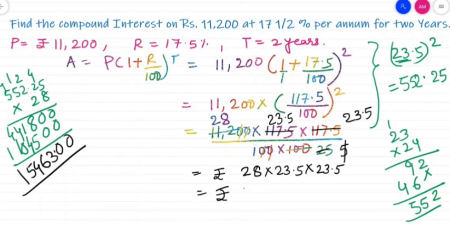So rupees 15,463. This is the amount after 2 years.